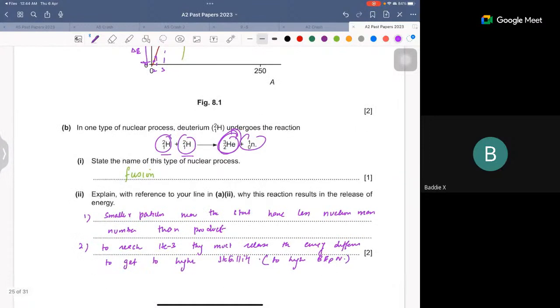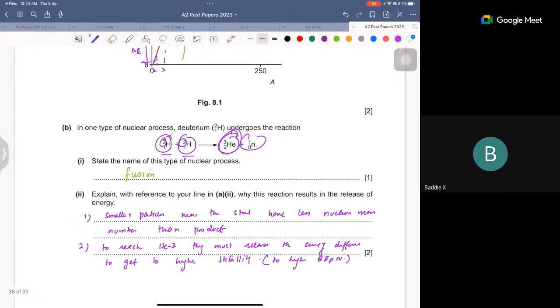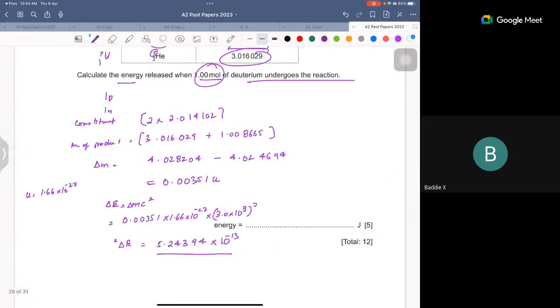What is this? 2, 4, 4. Oh my God. 1 mole of deuterium into helium-3.